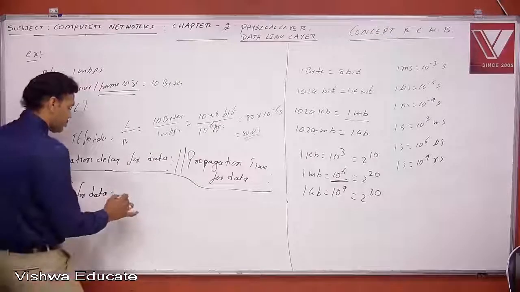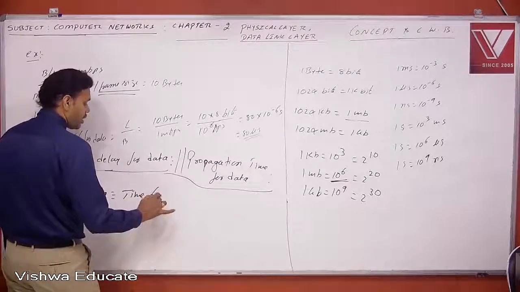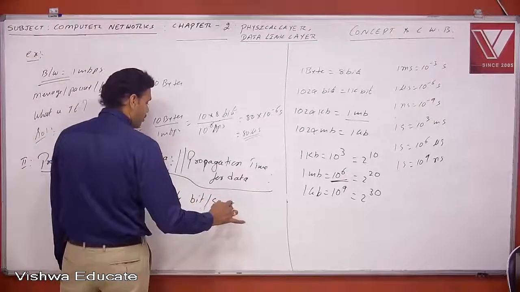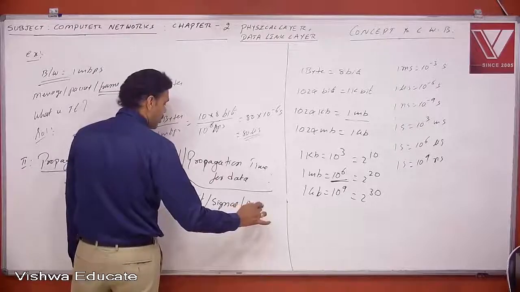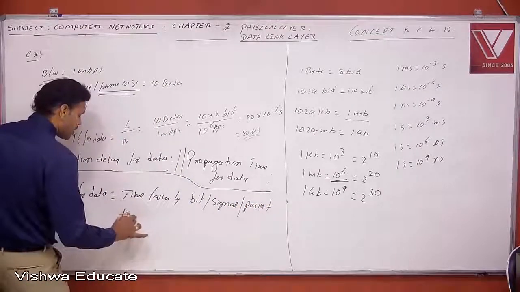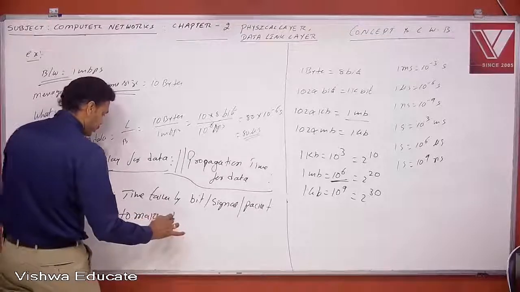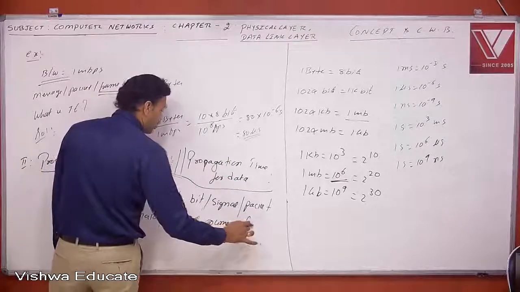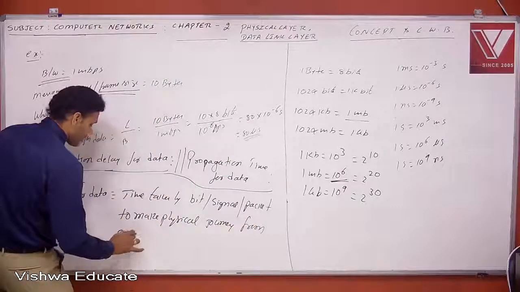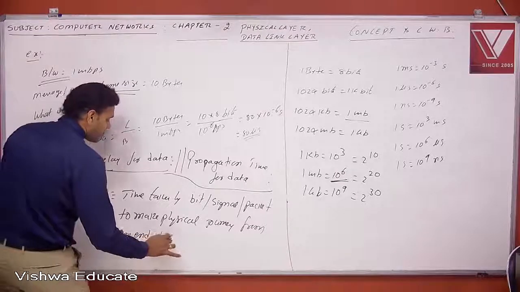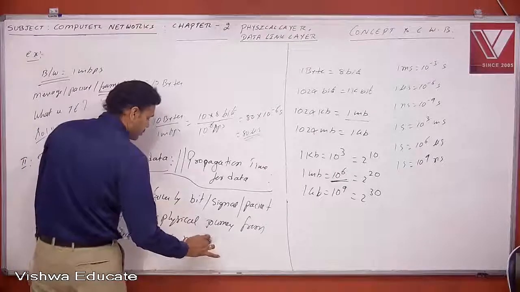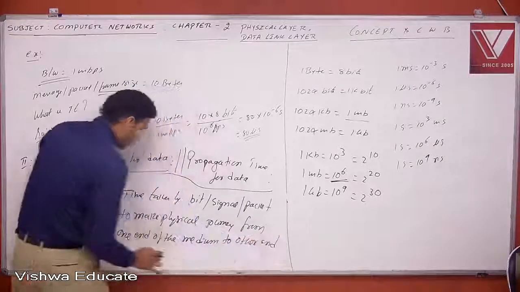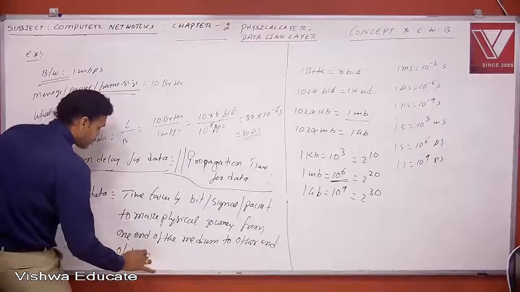What is TP for data? Time taken by a bit or a signal or a packet to make a physical journey from one end of the medium to the other end of the medium.